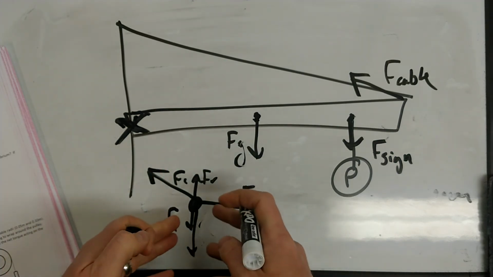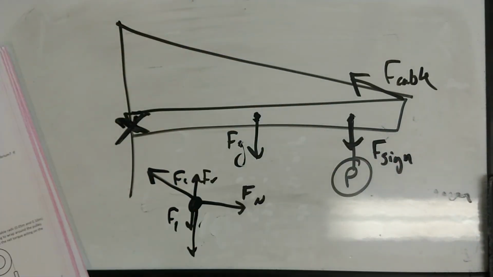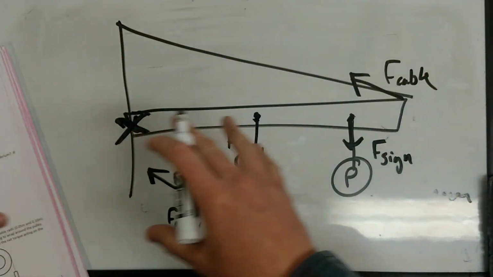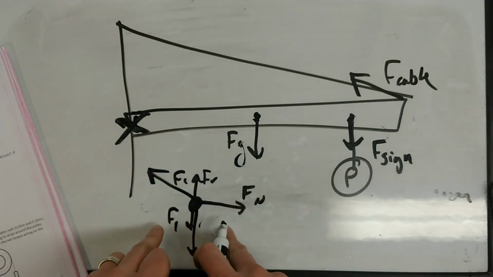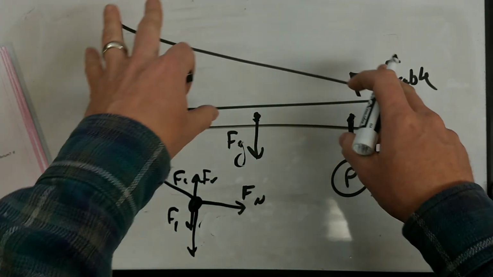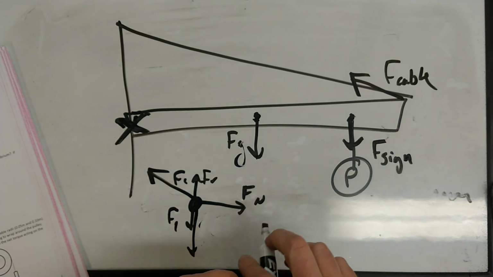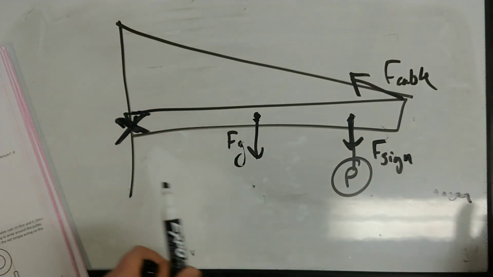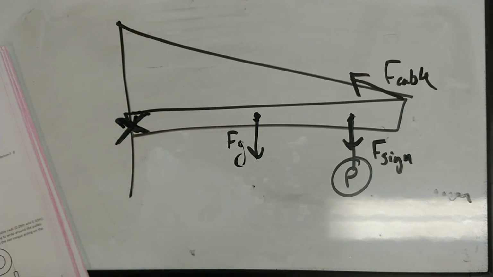If this isn't in equilibrium, then we have translational motion. This whole thing's either moving up or down or left or right. So we got to have that equilibrium and rotational equilibrium, which we have to look at the torque. So not only does the F net have to be 0, but also torque net must be 0, which is interesting. We don't really need that yet.